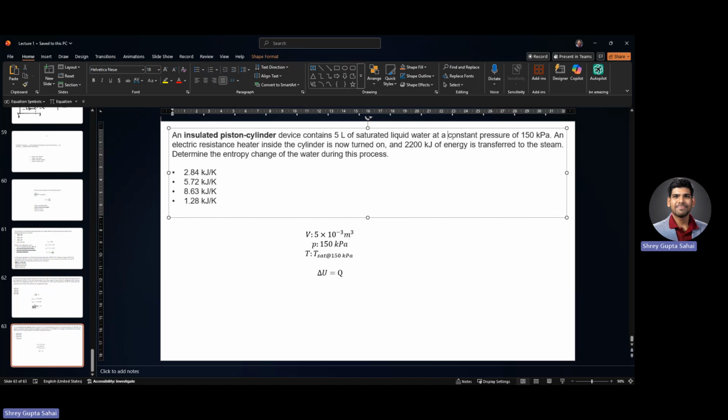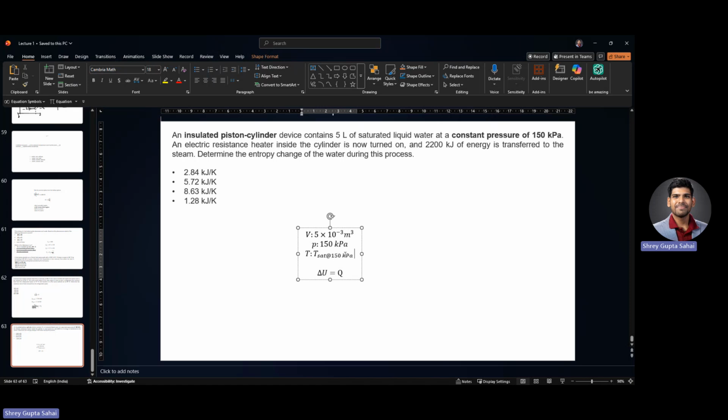It also explicitly mentions so. Now, our task is to determine the entropy change of the water during this process. First of all, we'll need to use property tables here. So let me pull up property tables to start solving this problem.